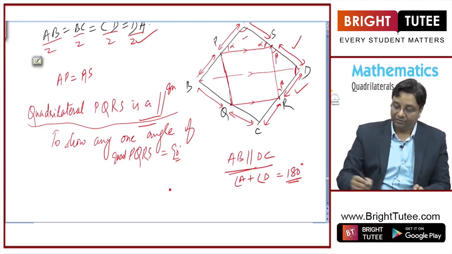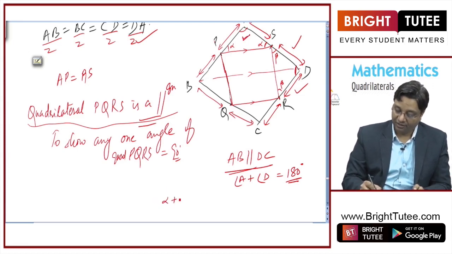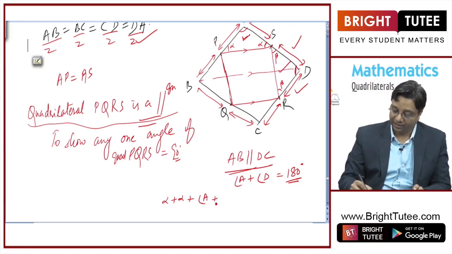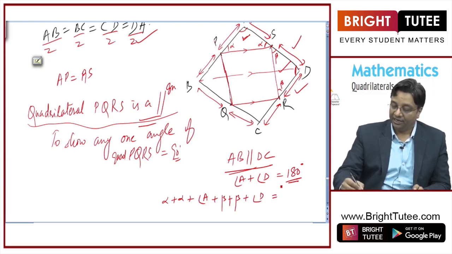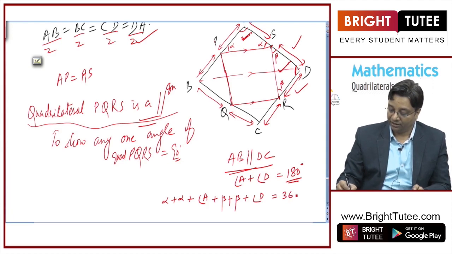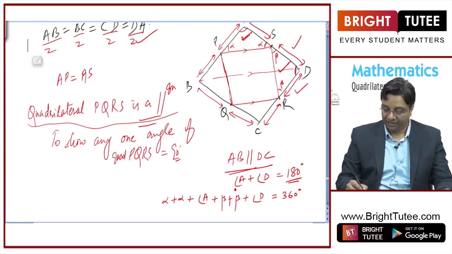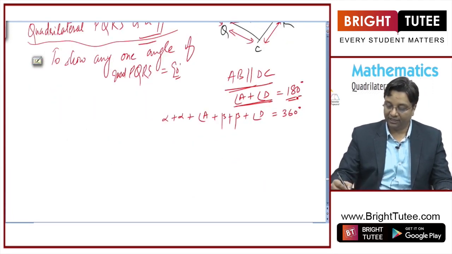Now let me make this statement. This triangle has got three angles, alpha, alpha plus angle A. This triangle has got three angles, beta plus beta plus angle D, and the sum of these angles is 180, the sum of these angles is also 180, so their total sum is 360, out of which angle A plus angle D is 180.